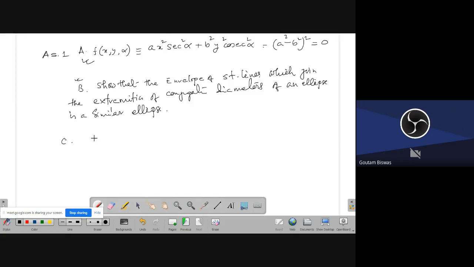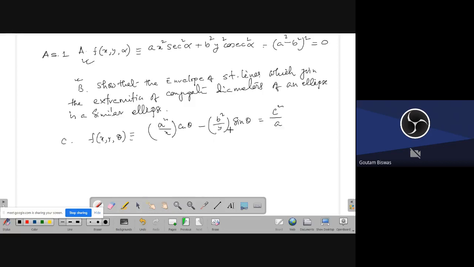Find the envelope of the family of the curve. Family of the curve is given as f(x, y, theta) equivalent to a square by x cos theta minus b square by y sin theta is equal to c square by a.